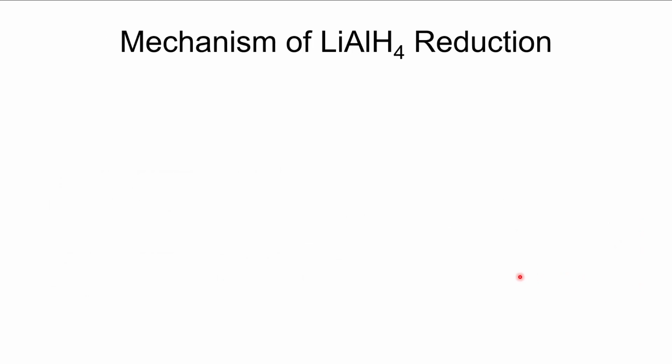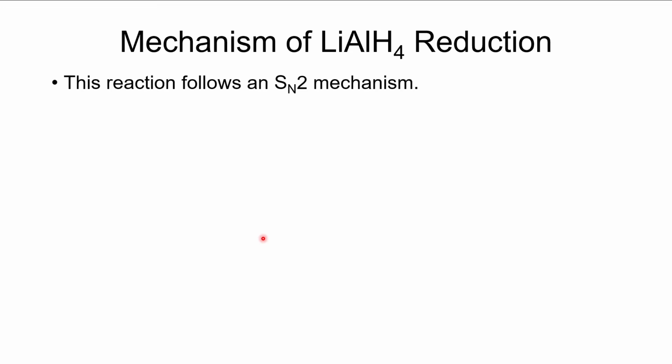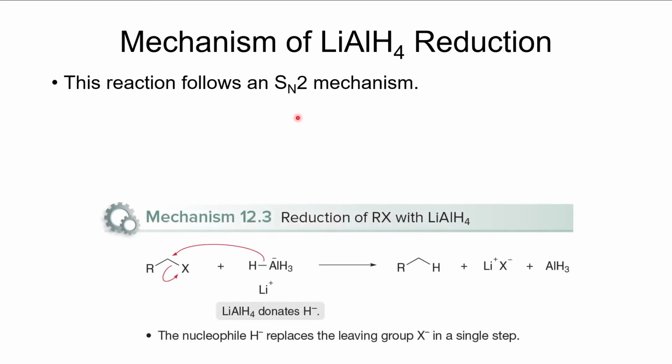All right. The mechanism is not too terribly difficult, and the reason that I'm showing you this mechanism is so that you understand why we have to add the water in a second step. So it does follow an SN2 mechanism. All right, so we add the hydrogen.